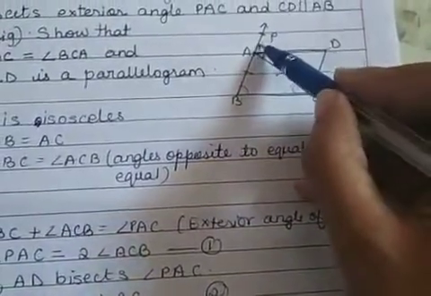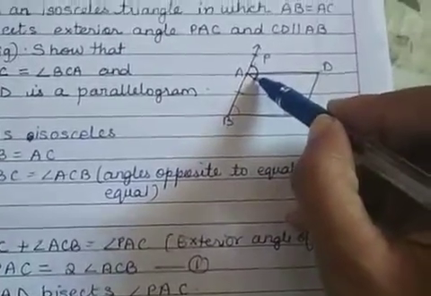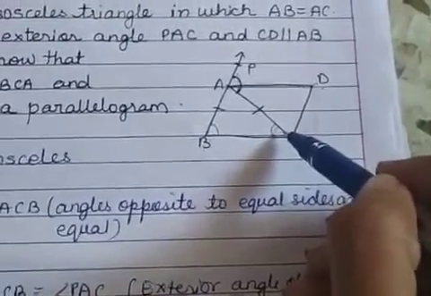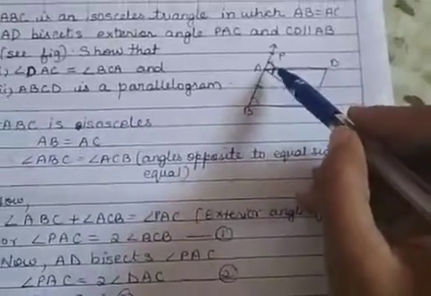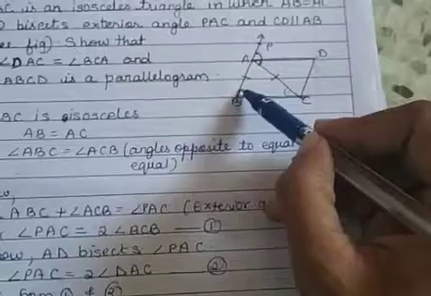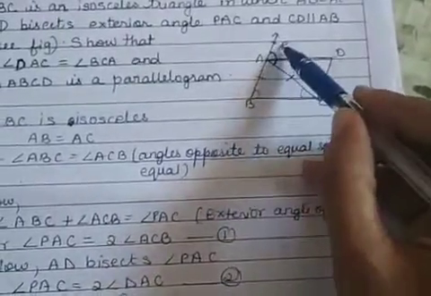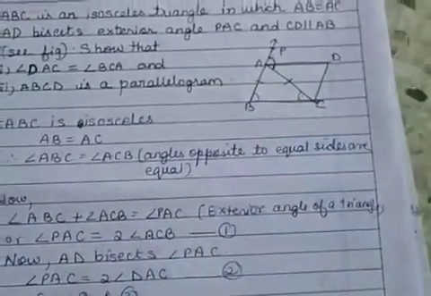So, this is your exterior angle PAC. Exterior angle PAC is equal to the sum of the remote interior angles. So, angle ABC plus angle ACB is equal to angle PAC. This is the exterior angle theorem.